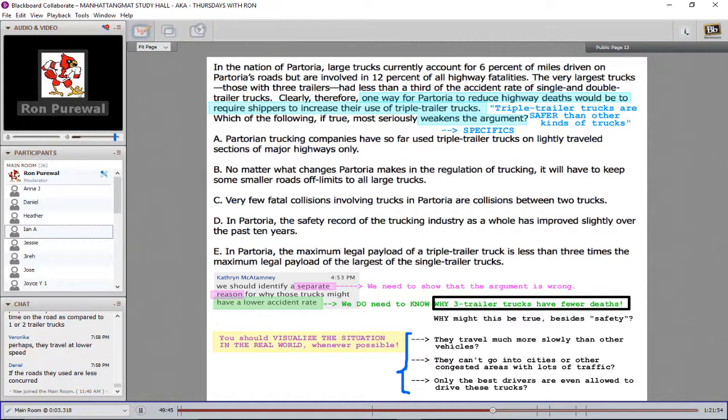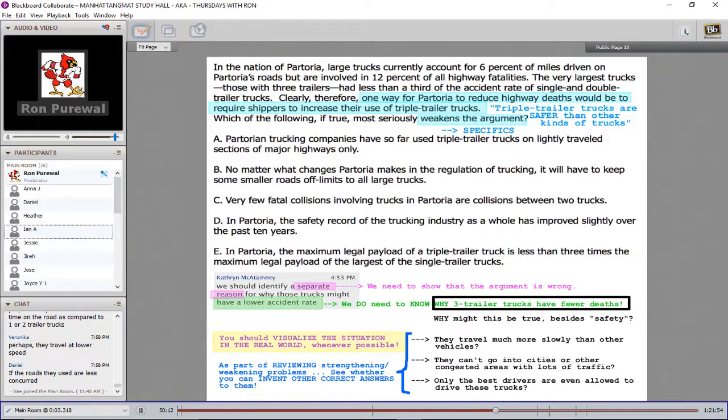As part of reviewing strengthening and weakening problems, see whether you can invent other correct answers to them. Because usually there are going to be multiple ways in which you could strengthen or weaken an argument.